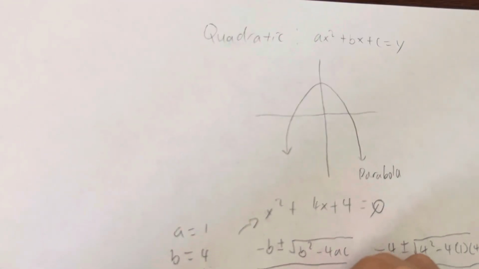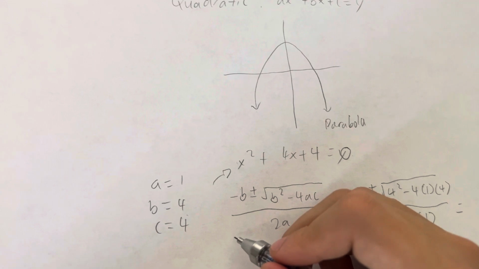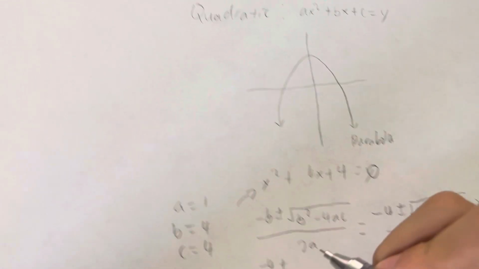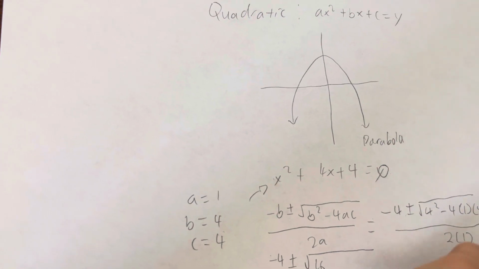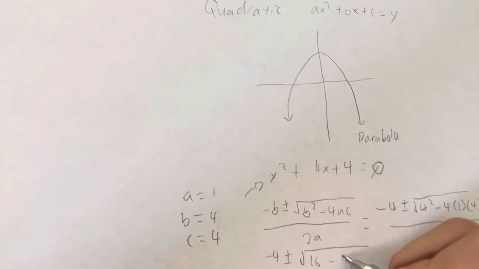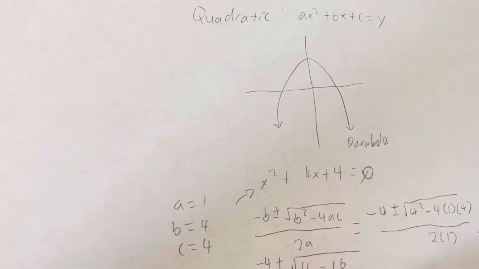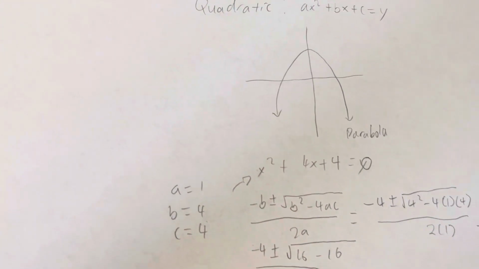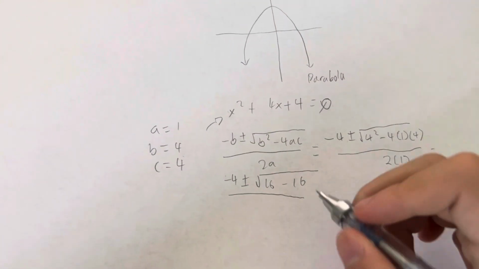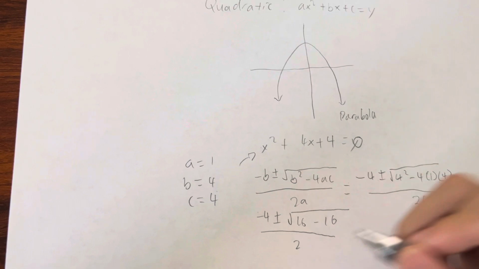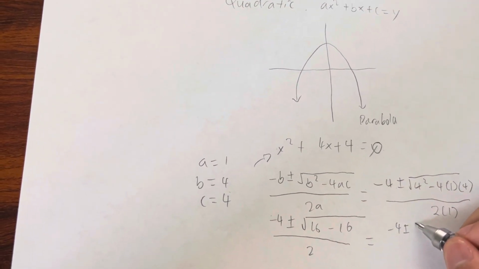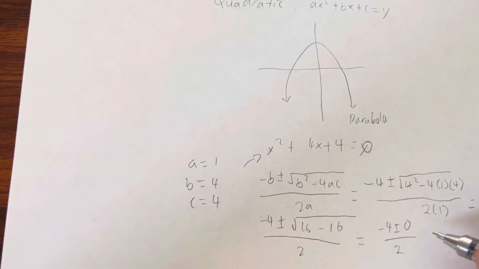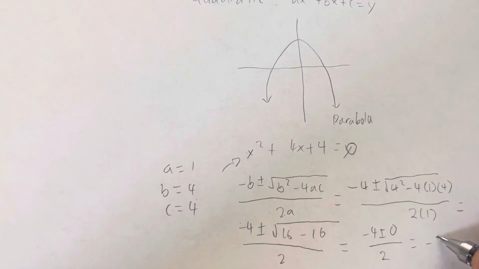Simplify this down: you have negative 4 plus or minus the square root of 16 minus 16, over 2, which also equals negative 4 plus or minus 0 over 2, which means x equals negative 2.